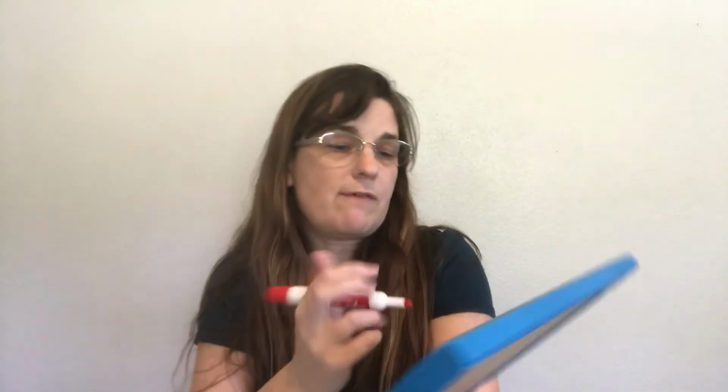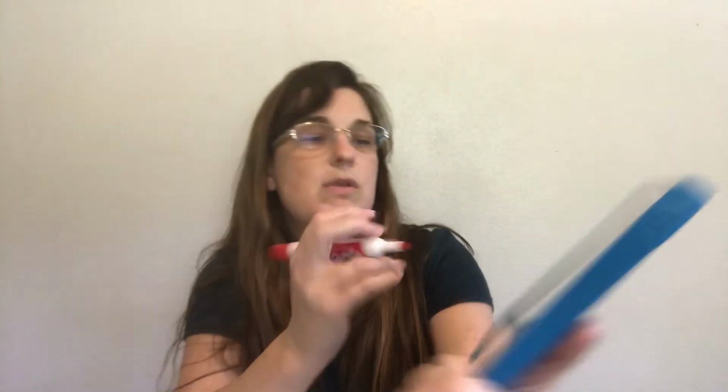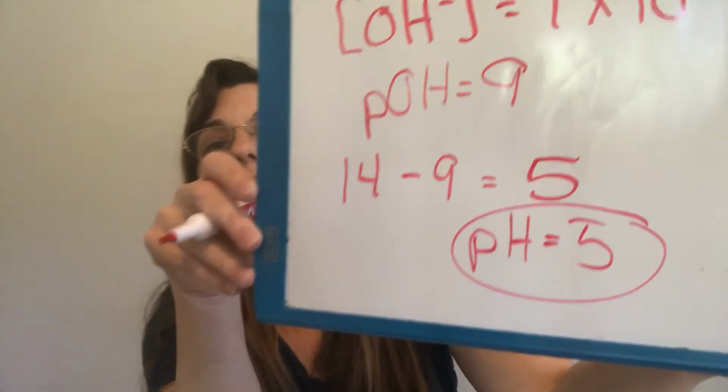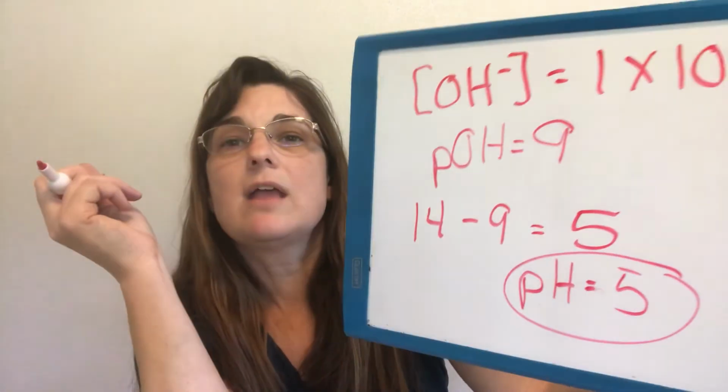Okay, and then if I figure out the pH, really it's just going to be 14 minus 9, which is 5. So the pH is equal to 5. Nice. And that's a little bit sloppy writing. Sorry about that. Okay, but that's how we do the math behind this.